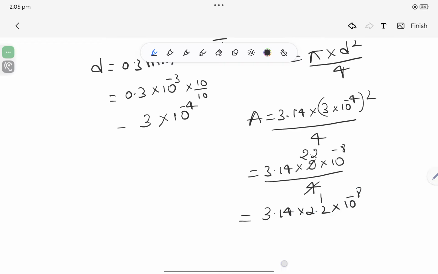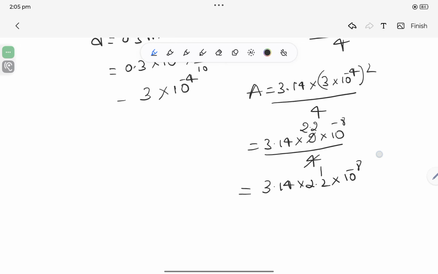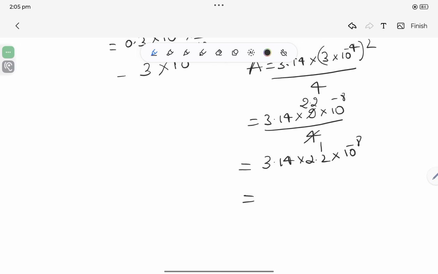If you multiply, 3.14 into 2.2, we get 6.908 into 10 to the power minus 8.